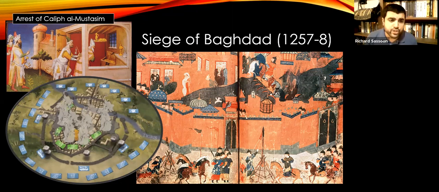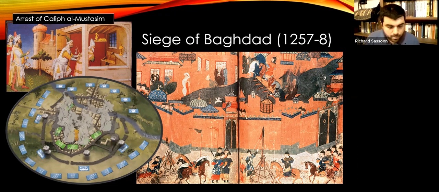So the Nestorian Christians, as long as they stayed in their churches, were not killed. But all of the Muslim population of Baghdad, which was the vast majority of the city, was put to the sword, with the exception of those who were seen as useful and brought back to Karakorum, to Mongolia.